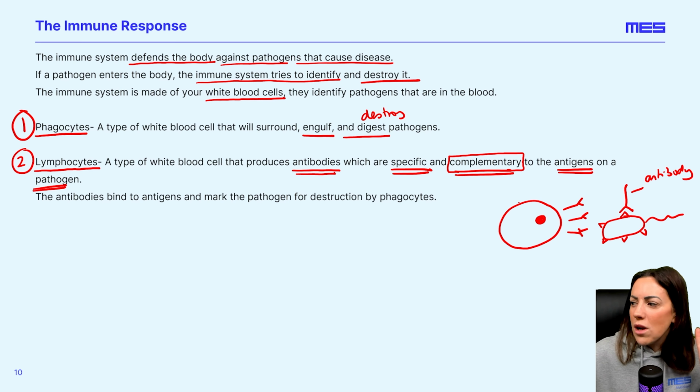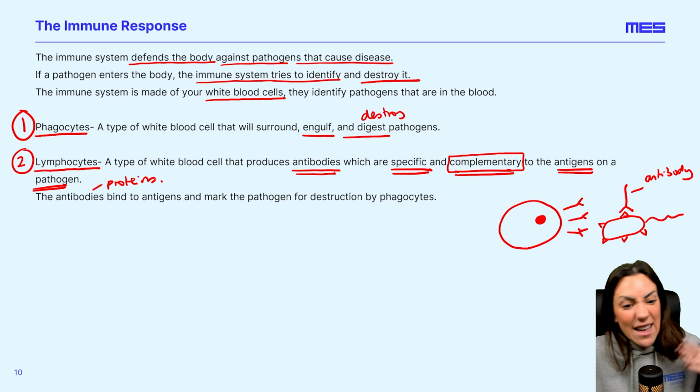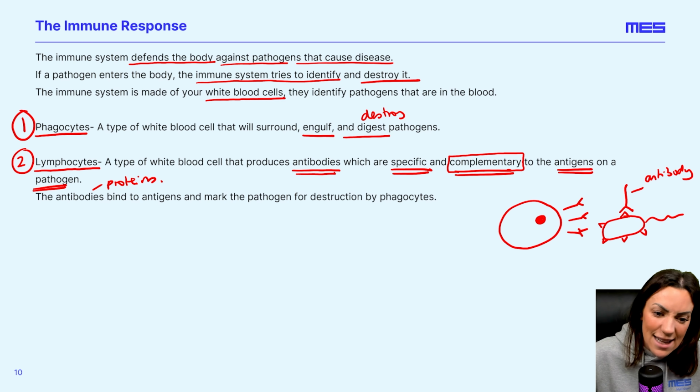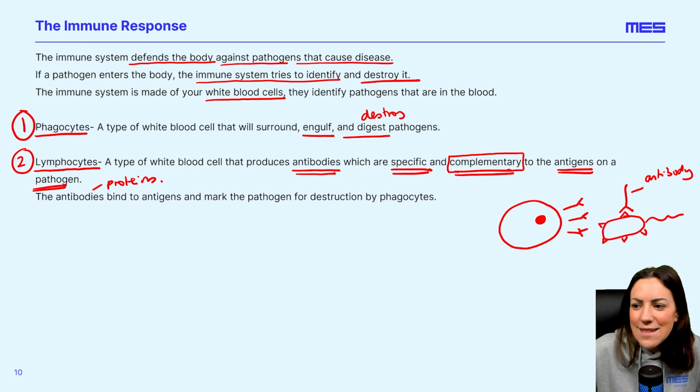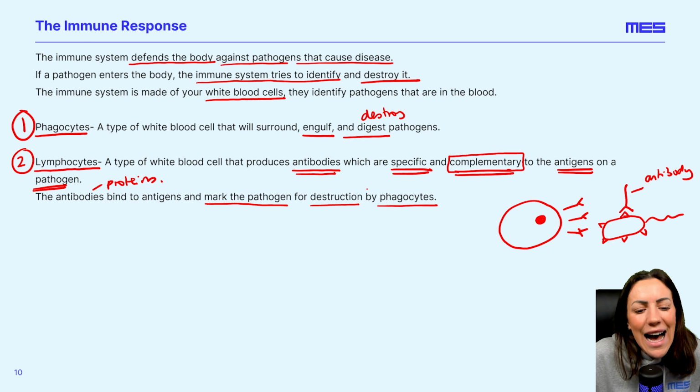Okay, so once these antibodies have been produced, which by the way are also proteins, so antigens are proteins, antibodies are also proteins, they'll bind to the antigens and they will mark the pathogen for destruction. So then a phagocyte will come along and destroy the pathogen.